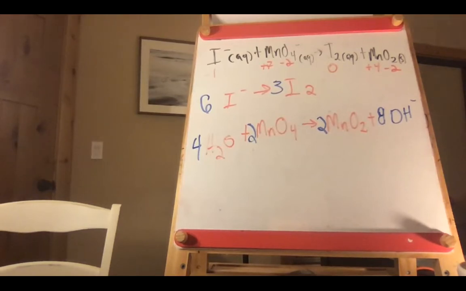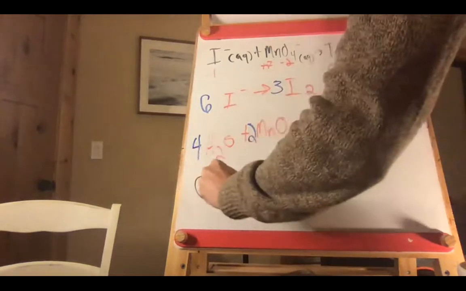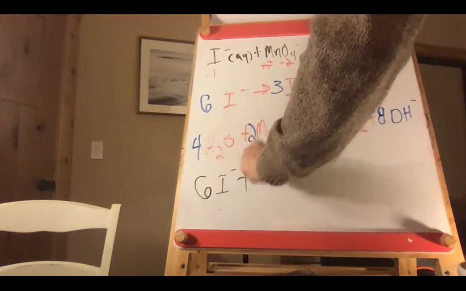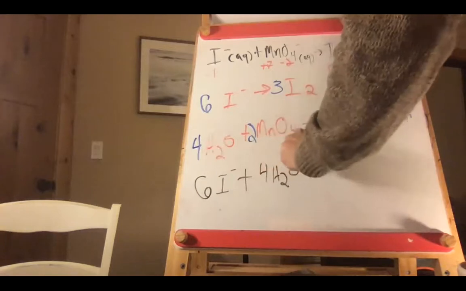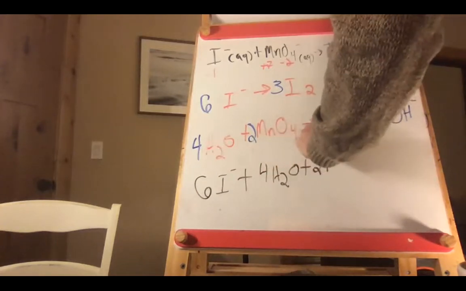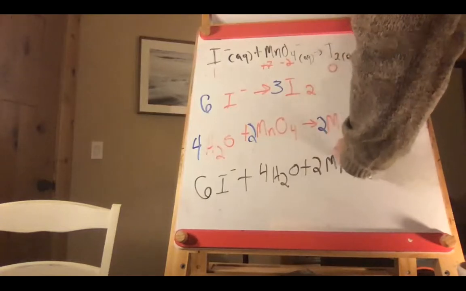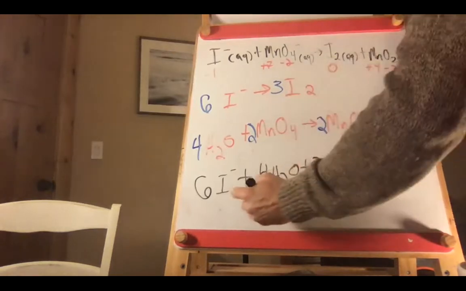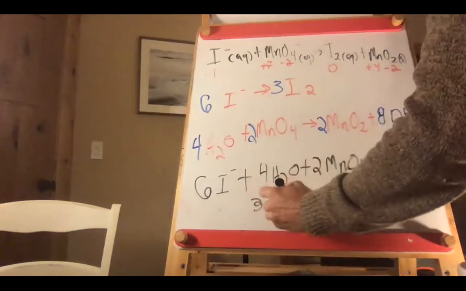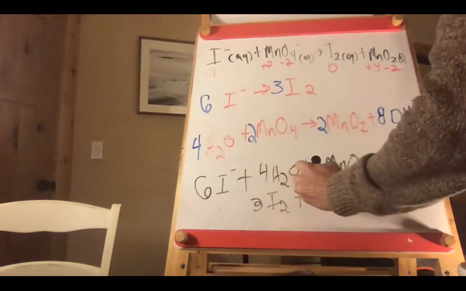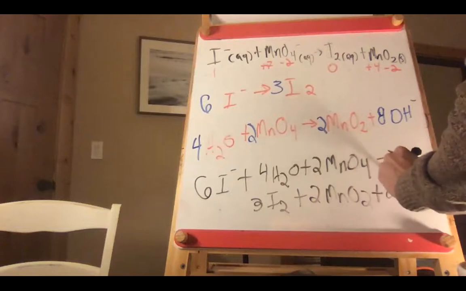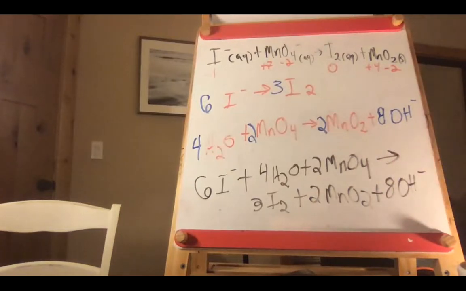We get 6 iodine plus 4 H2Os plus 2 MnO4⁻, I think that's it, yields 3 I2 plus 2 MnO2 plus 8 OH⁻. Okay, pretty simple.